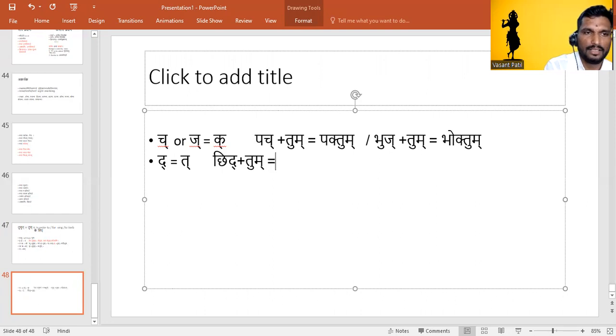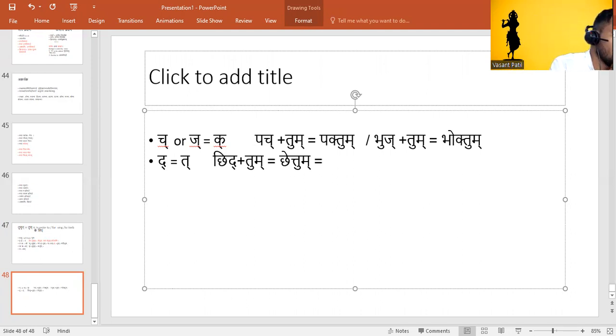Then in chida, e will become a, because of guna. The ending letter will change and tum stays as it is. Chida means to chop off or to separate. Chetum, in order to separate.